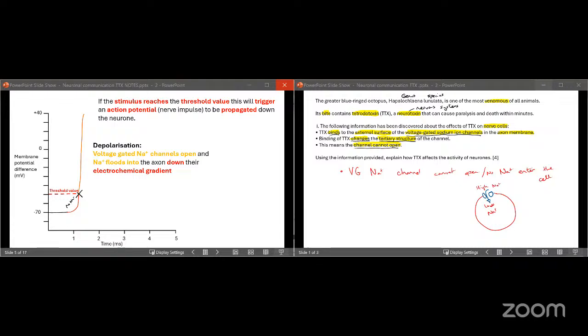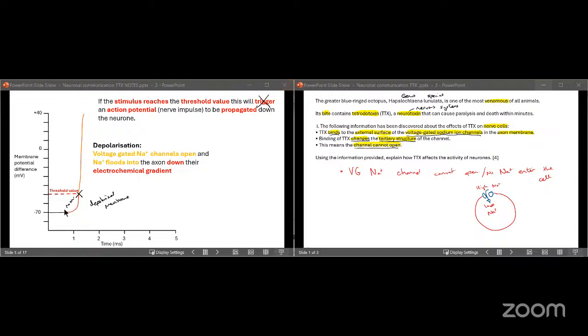We have not depolarized the membrane enough so that we've reached the threshold value. In that case, we cannot trigger the action potential. If we can't trigger the action potential, we don't have the depolarization.